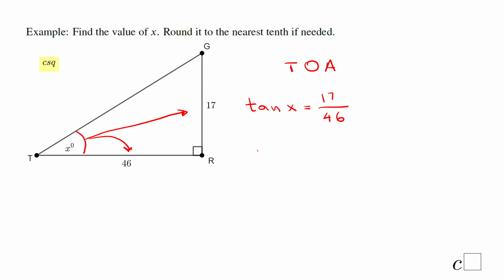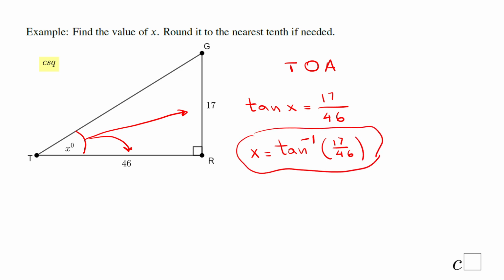The exact value will be x equals, again, the notation, if you remember, tangent to the -1 of 17 over 46. This is the exact value. If I want to evaluate, just the calculator. So we're going to have an angle that is 20 degrees, 0.28. So I'll round it to the nearest tenth, 20 degrees, 0.3.